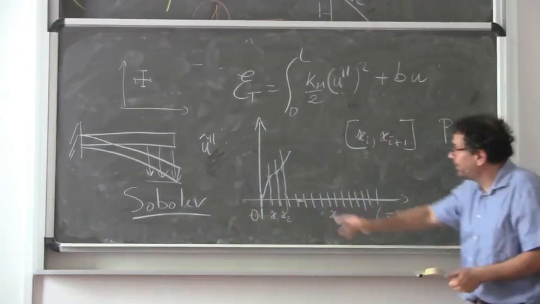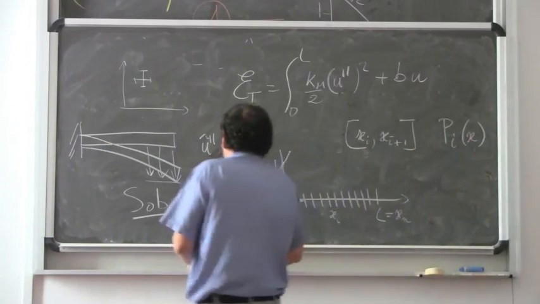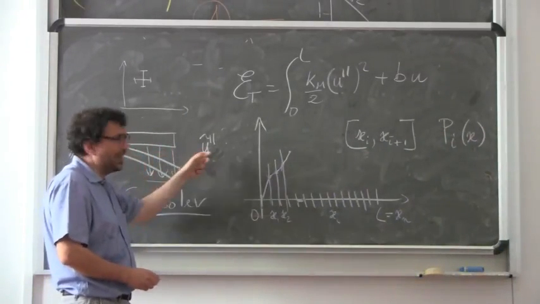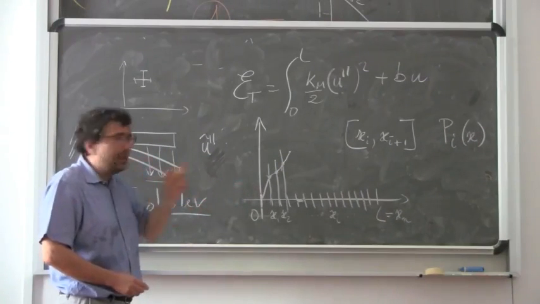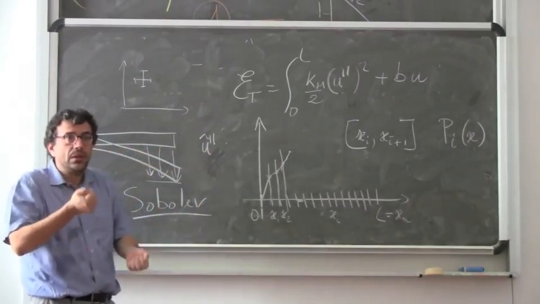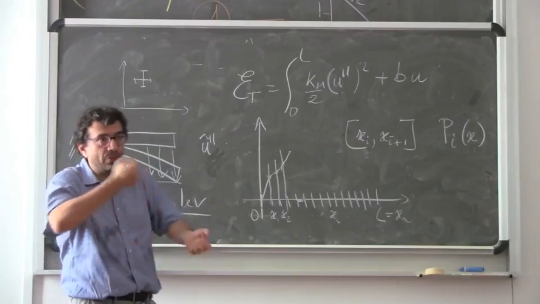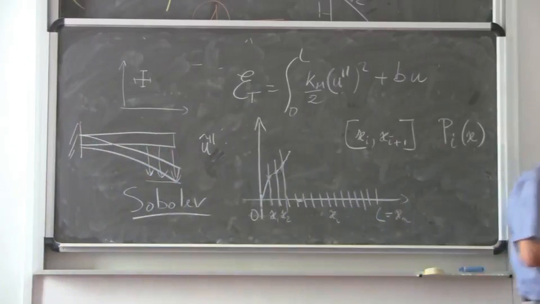Of course, if your approximation has a second derivative which is piecewise linear, then you can integrate 2 times, so you get a piecewise cubic function for u. Okay?